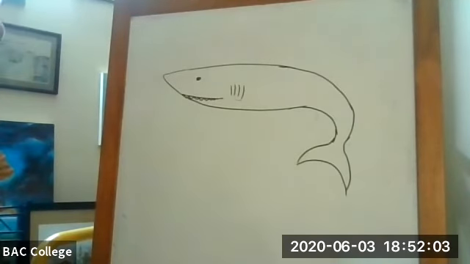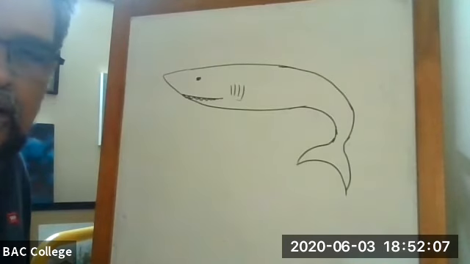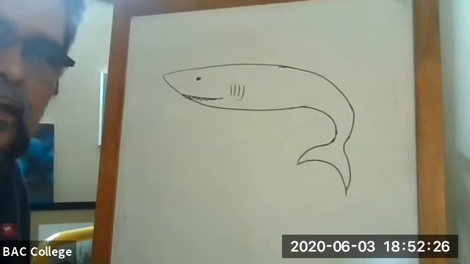Okay. Now, what is missing? What is missing from the shark now? You're going to get Sai to speak. Sai, what is missing? Sorry?